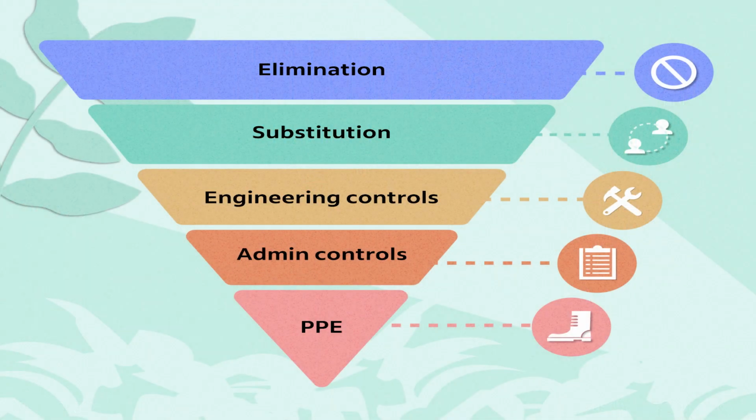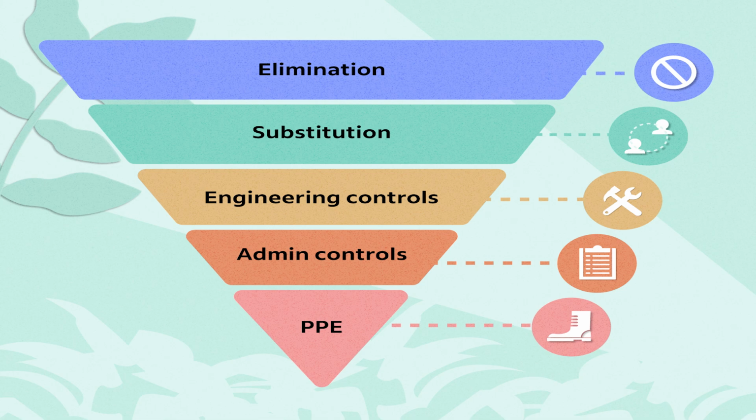Now, we've talked about hierarchy of controls in the previous, but let's take a look at the 5 levels of hierarchical control. Number 1 is the elimination. That's to remove the hazard entirely, and that's not always possible. Number 2, substitution. Replace hazardous activities or materials with safer alternatives.